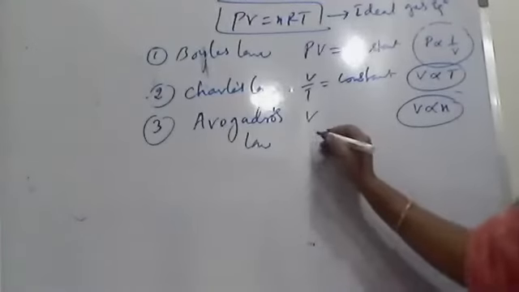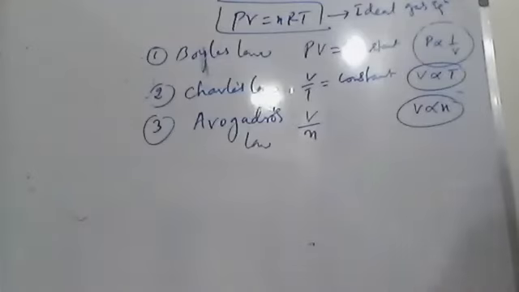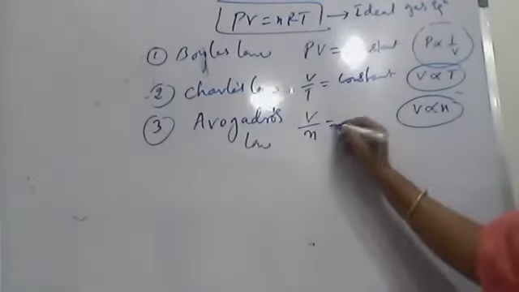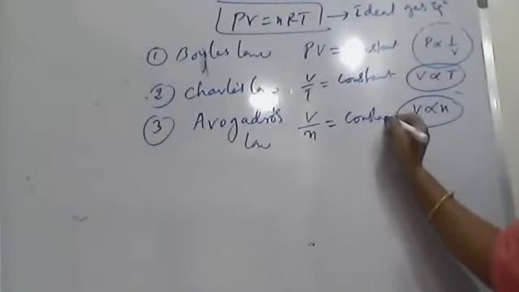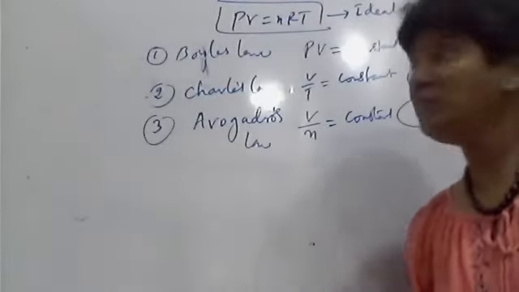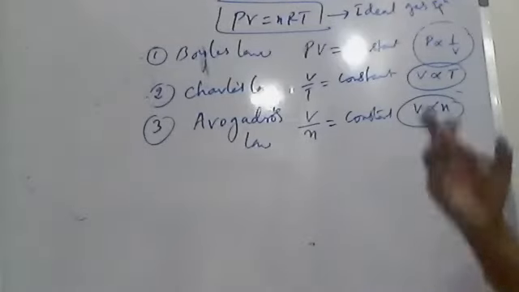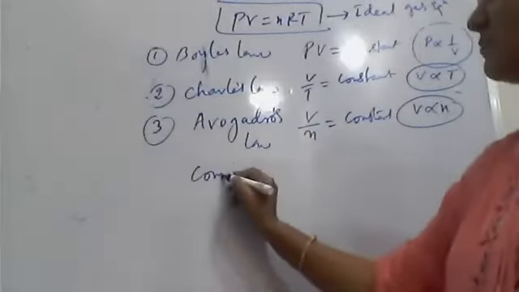Now for this, what we can write here is V by n, and this is always constant. Now combine them.